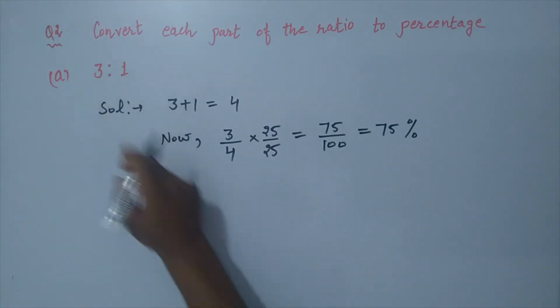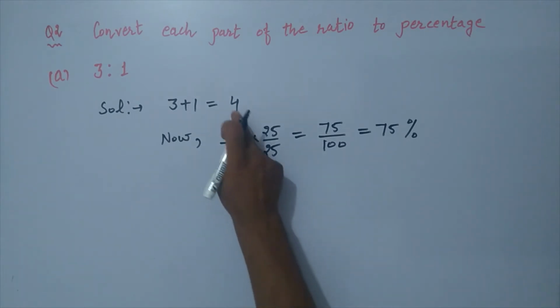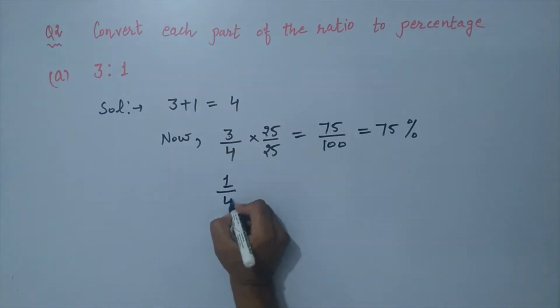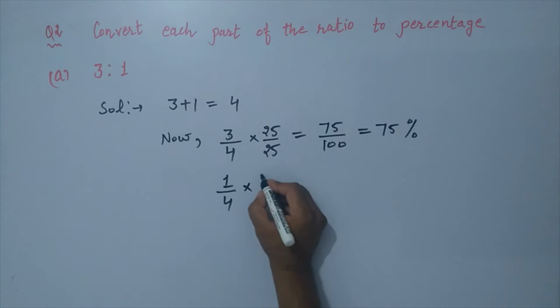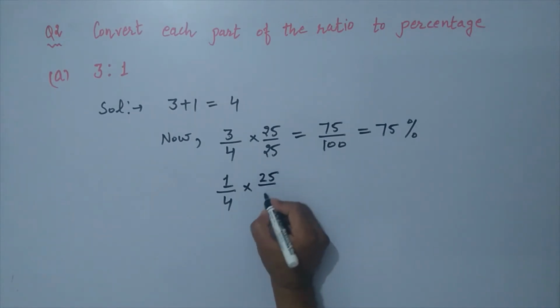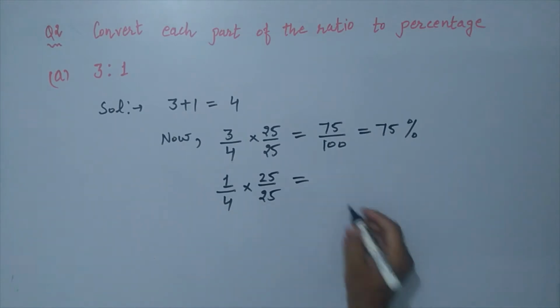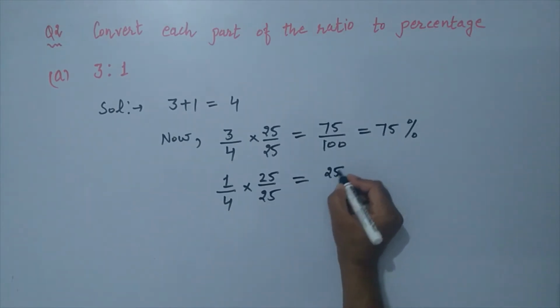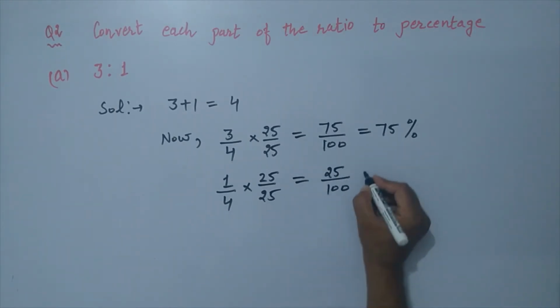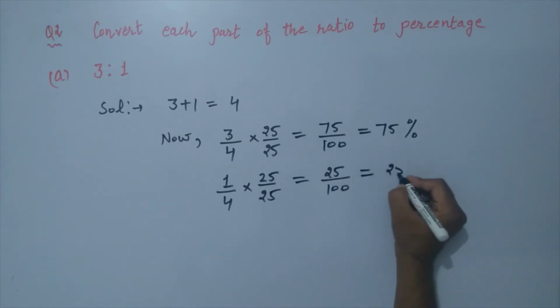Second number of the ratio is 1. We divide this by 4. Again we multiply by 25, divide by 25 to make the denominator 100. So answer is 25 upon 100, which is equal to 25%.